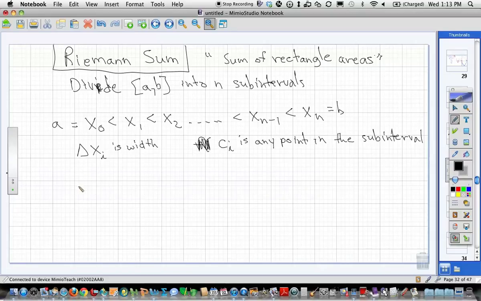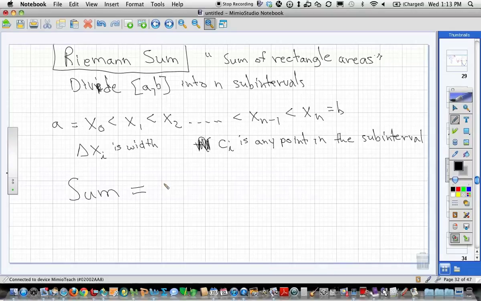All right, so my sum then will equal the first rectangle area plus the second rectangle area plus the third rectangle area, plus the nth rectangle area. How would I write the first rectangle area? Well, I would need the first rectangle height. Use our work up here as an example.